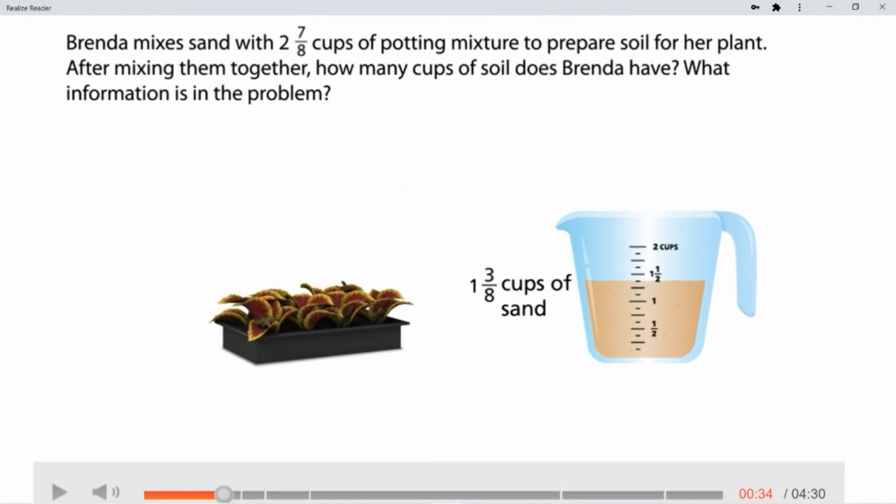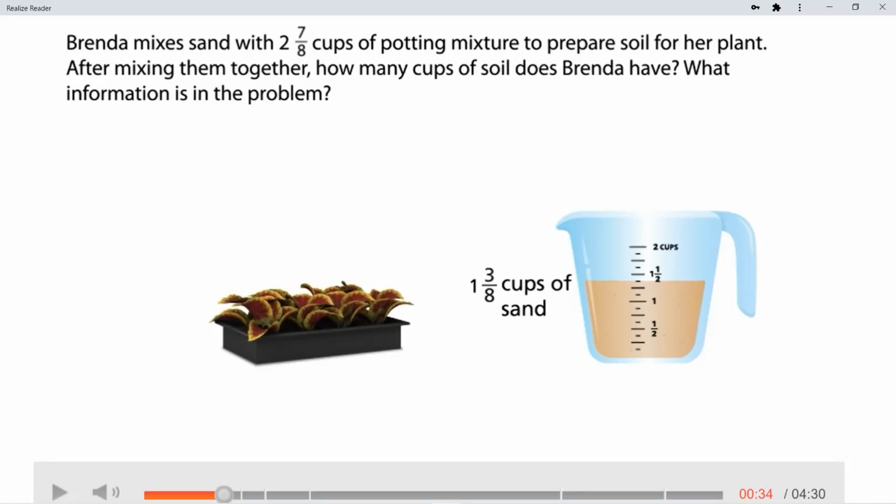So here, this is where we get to the part where we're usually annotating our problem when it's in our book. So we know that she mixes sand with 2 7/8 cups of potting soil mixture. So we would circle that she has 2 7/8 cup of the potting mixture, and then we can see from our picture that she has 1 3/8 cup of sand. We have to figure out, after mixing them together, how much soil does she have.